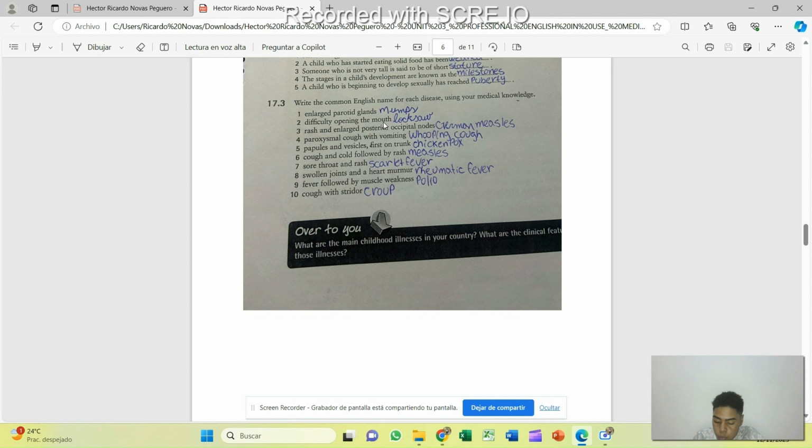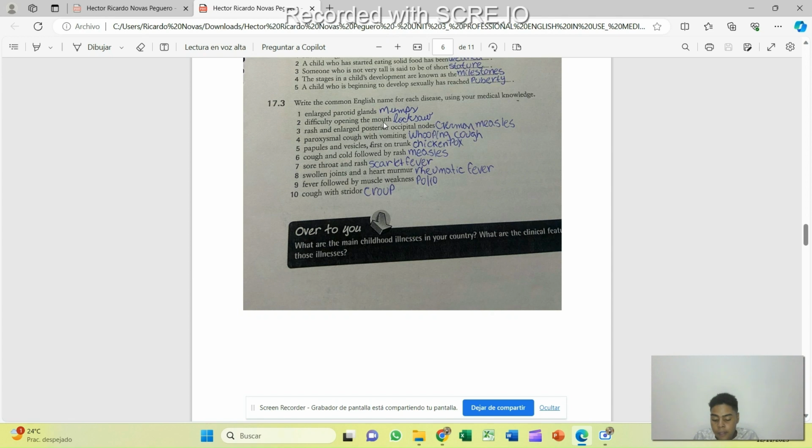Sore throat and rash, scarlet fever. 8. Swollen joints and a heart murmur, rheumatic fever. 9.